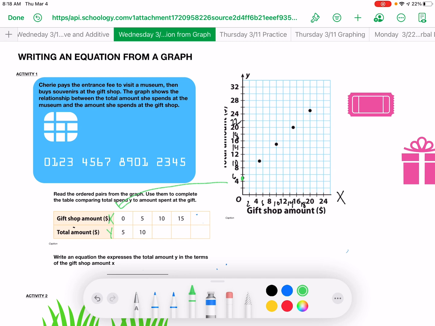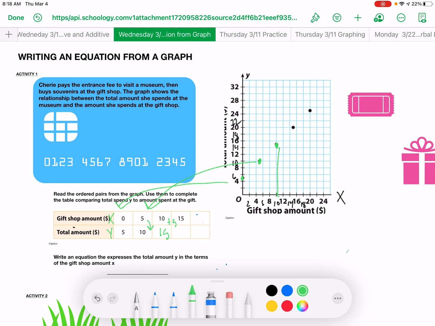Now your next one says 5 and 10. So I'm going to come over to 5, and then you go up to 10, and that is right here. So how did we get from 5 to 10? We added 5. So now I'm going to say 10 plus 5. If you come to your graph and come over to 10, and you come up to 5, you are at 15.